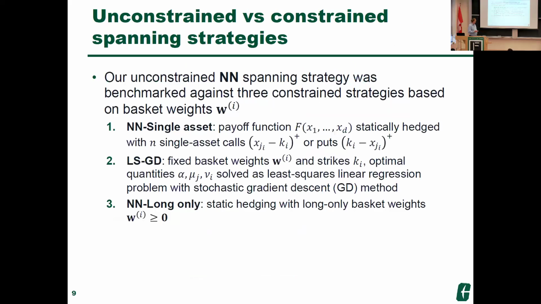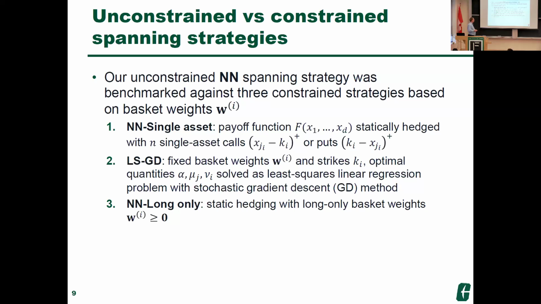So, in the interest of time, I'll go a little quickly here, but we have this optimization through learning, and we could call this an unconstrained hedging strategy, and again it's static hedging, or spanning as we call it. And we benchmark that against other types of strategies that are especially interesting for industry.